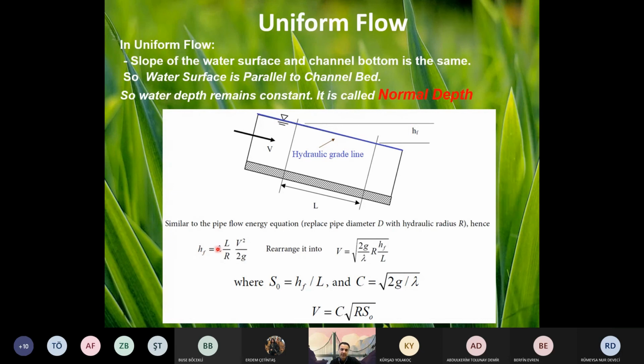Lambda is the Darcy-Weisbach factor. L is the length of the pipe. V is average velocity. R is the cross-sectional radius of a pipe, and V squared over 2g is the kinetic energy.